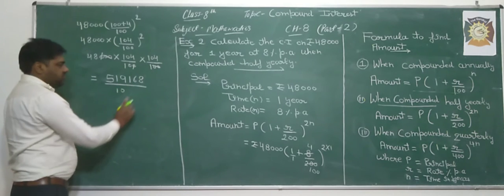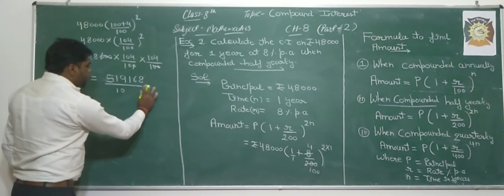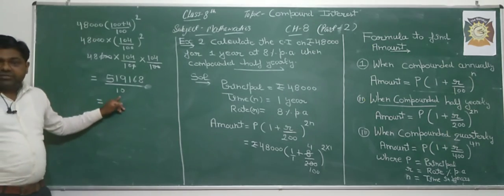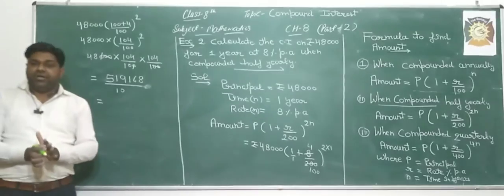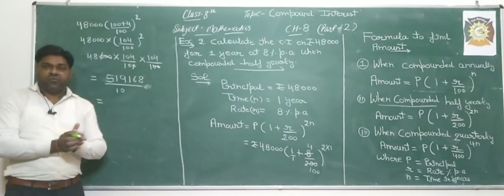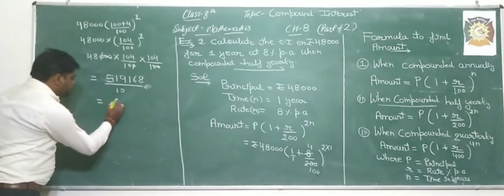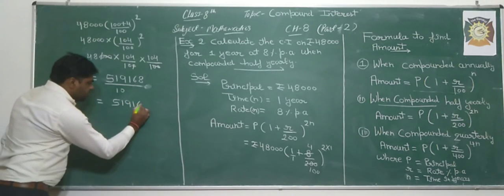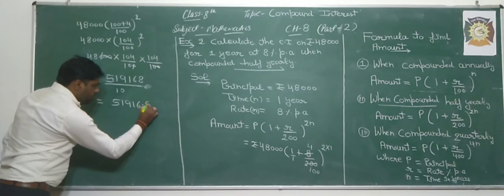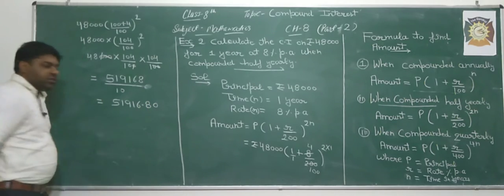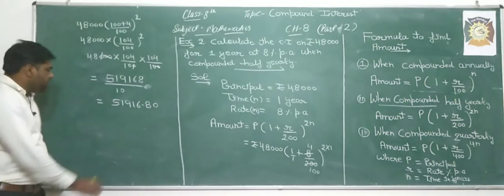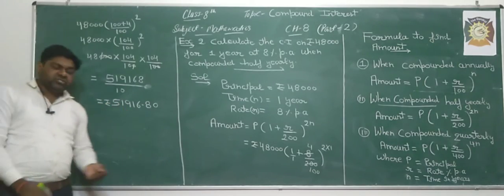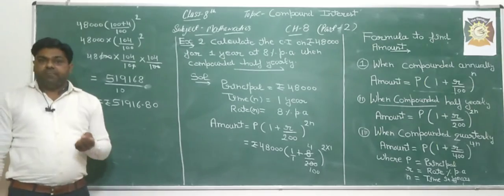So now because there is only one digit, 1 zero here, we have to put the decimal point, counting one digit from the back side. So it becomes 51,916.8, but we can write it 0 here. So then it becomes 51,916 rupees and 80 paise.